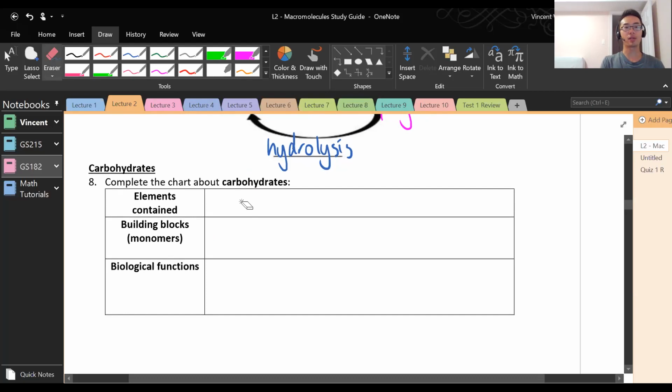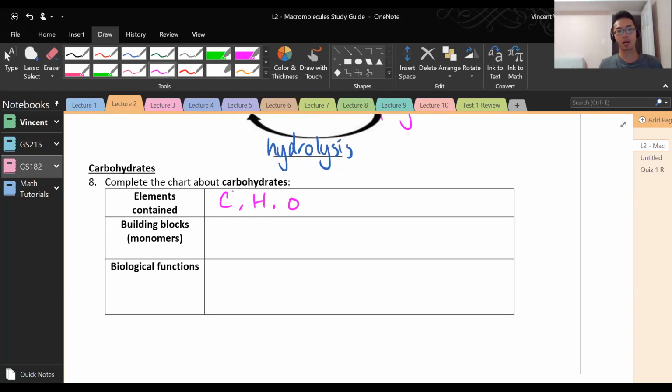So let's start with carbohydrates. Elements contained in carbohydrates: we have carbon, hydrogen, and oxygen. Those are the three elements that make up carbohydrates. What about the building blocks? Anybody remember what the building blocks for carbohydrates are? Glucose. Very good.